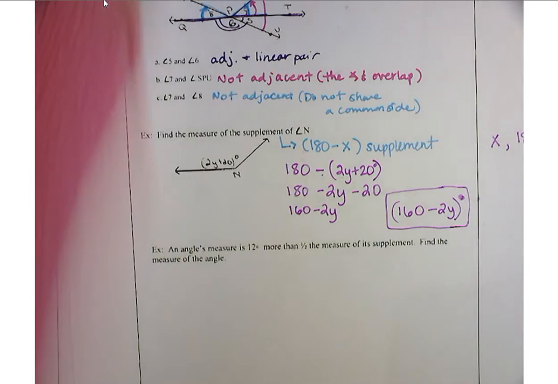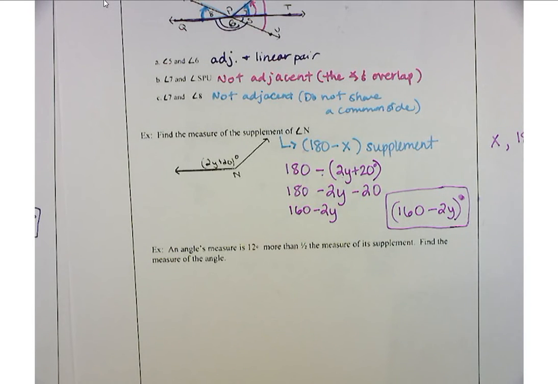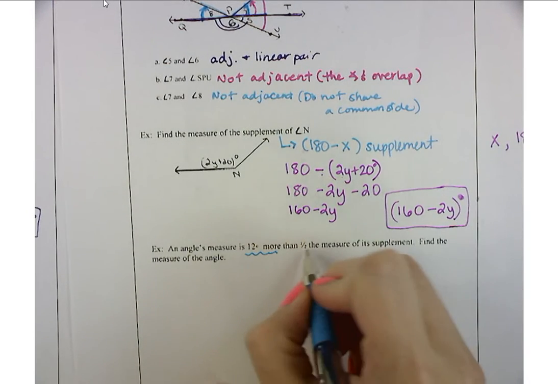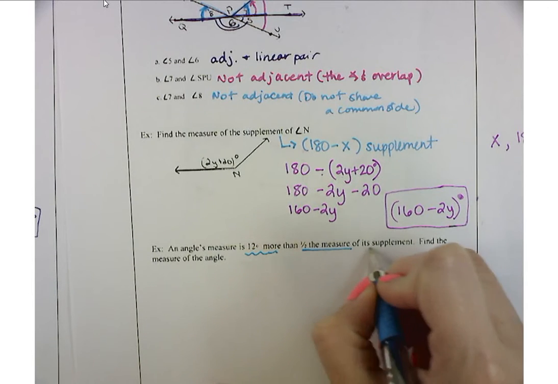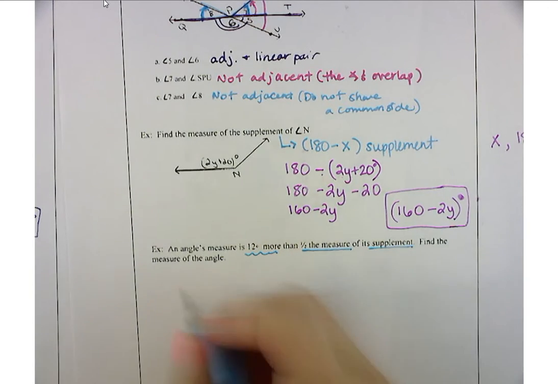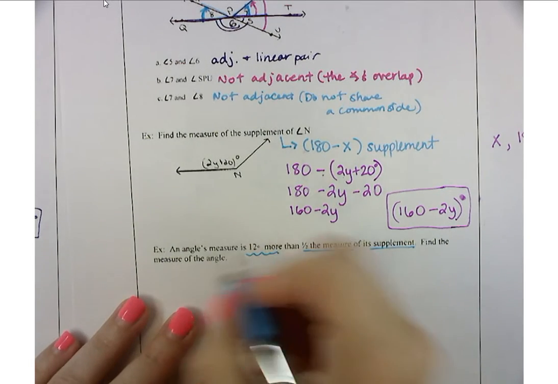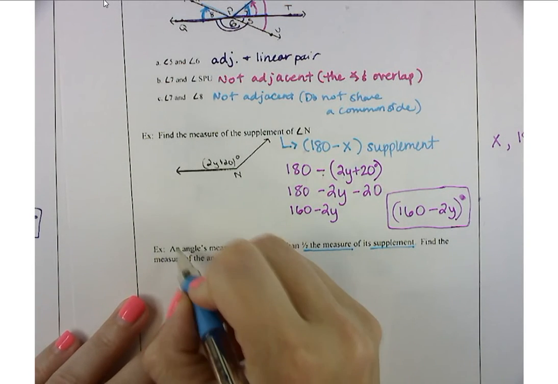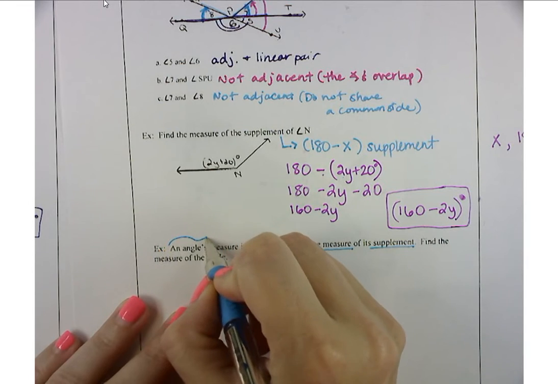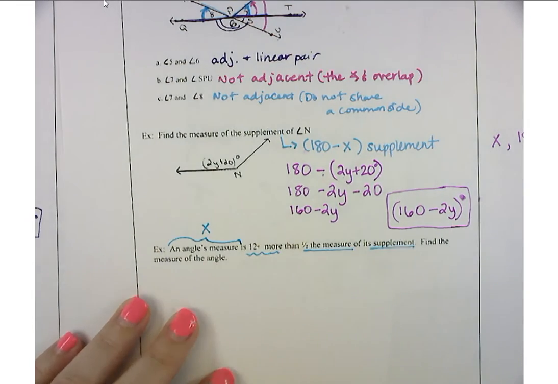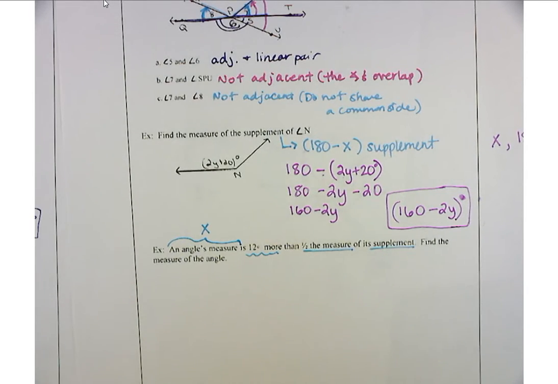All right, for the next one, it says an angle's measure is 12 degrees more than half the measure of its supplement. We have to find the measure of the angle. So if we have any unknown, we're going to call that angle x. So an angle's measure, we're just going to call that x.